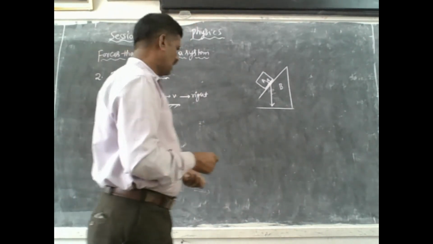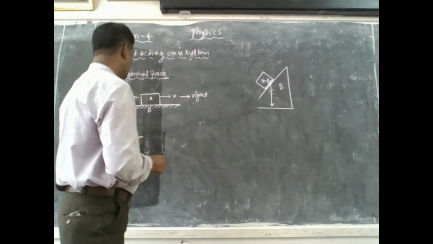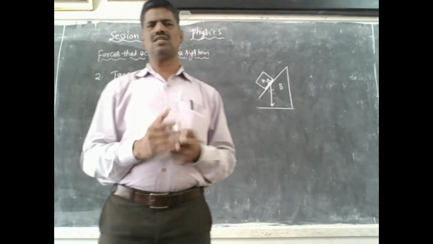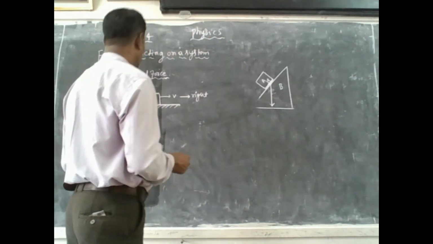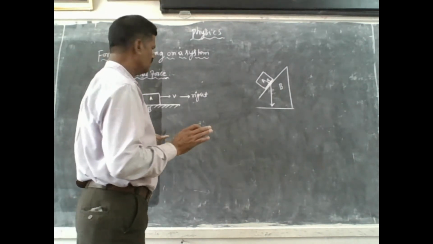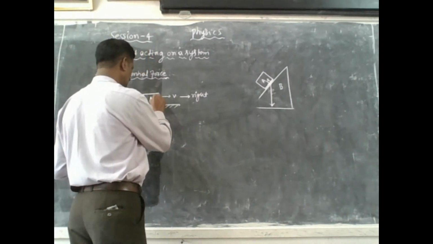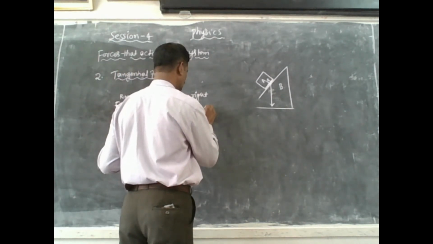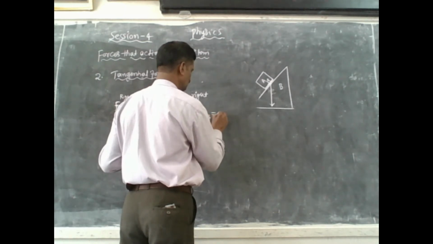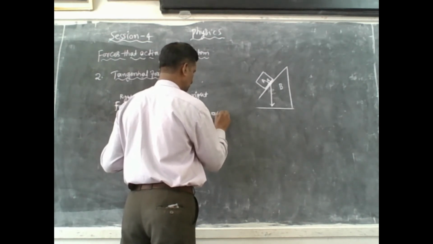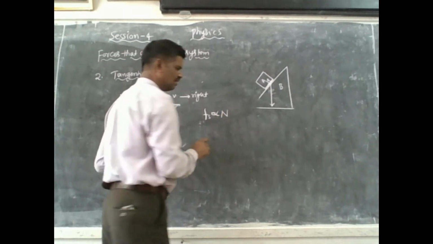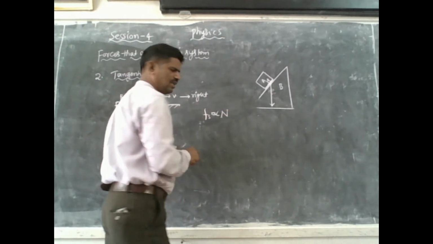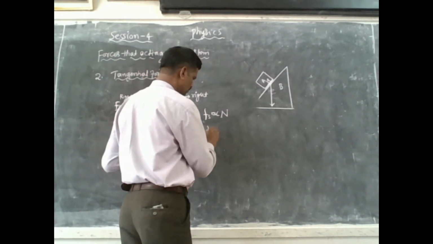Here the tangential force, or frictional force, is directly proportional to the normal reaction, isn't it? So Fs, the tangential force, is directly proportional to mu N, where N is the normal reaction.